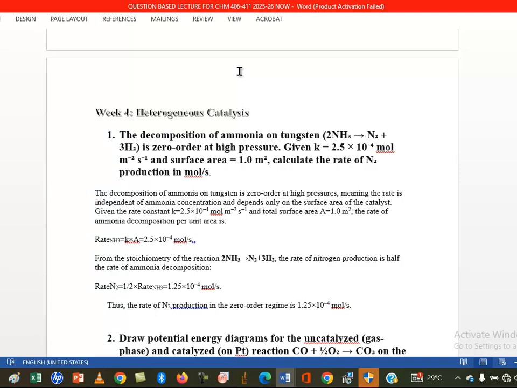So that will also determine the rate in this case, since it's zero order. And so we can now say that the rate for nitrogen gas is half that of ammonia, and so you simply divide the rate for the ammonia by 2, and then you get your answer. Simple.